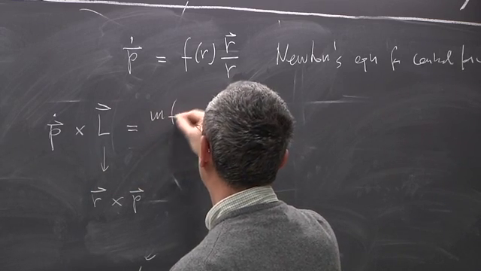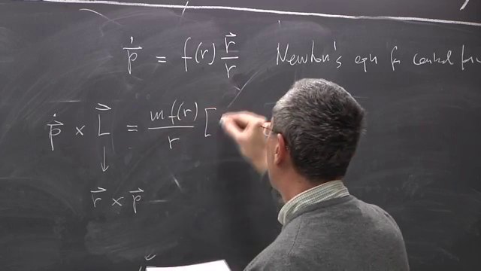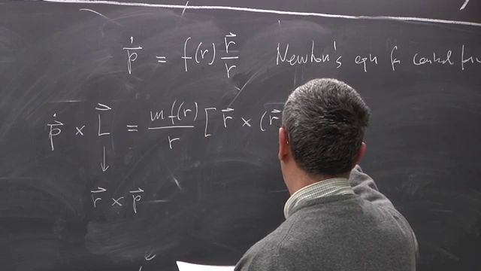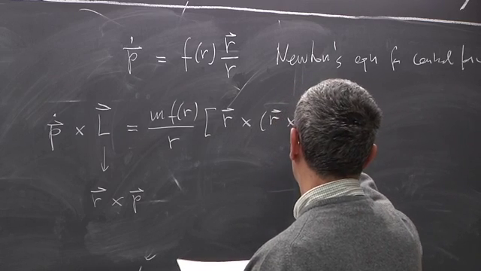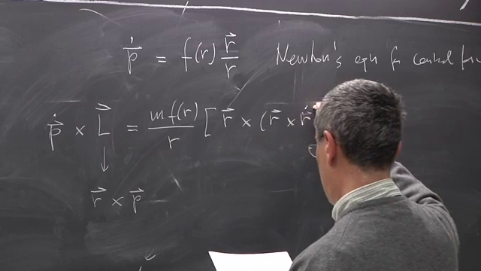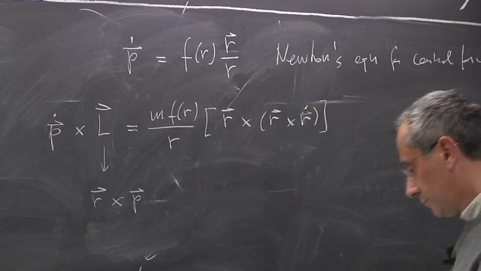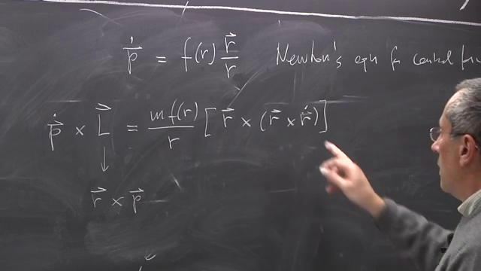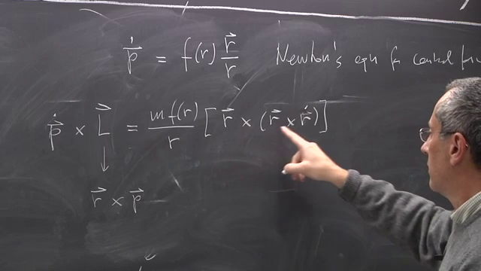So m f(r) over r, r cross r, r dot. Why?